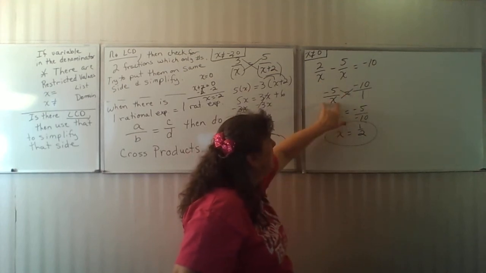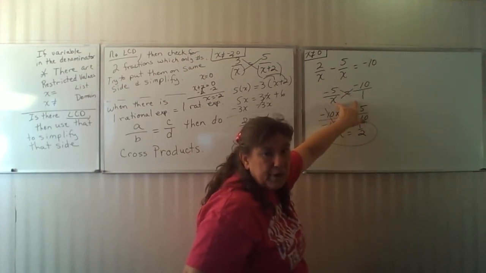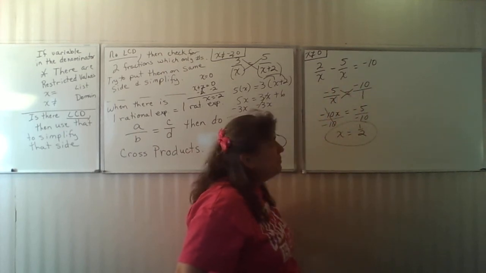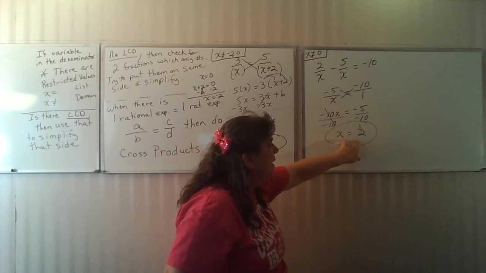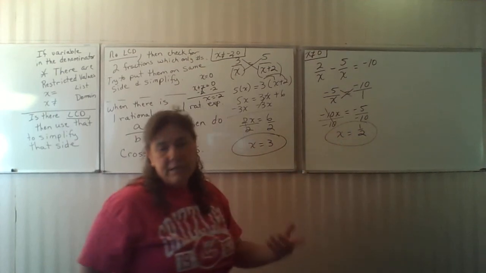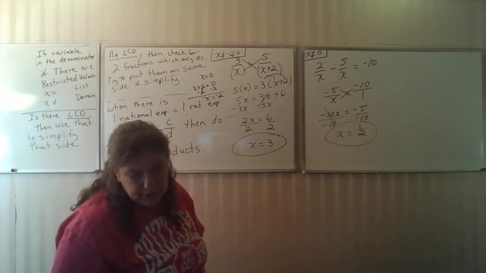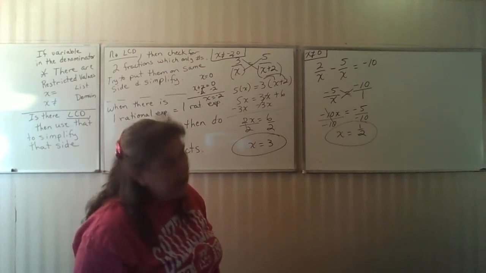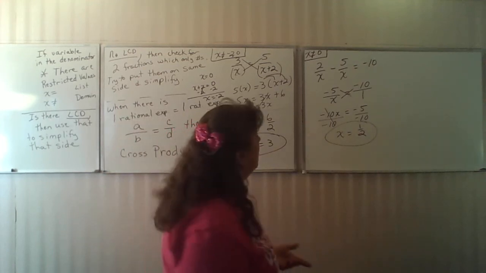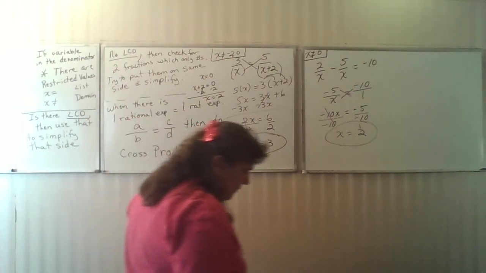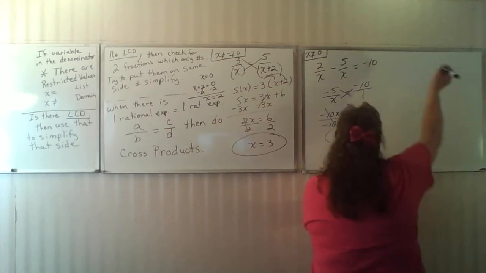I could combine it, get to my ratio or a fraction equal to another fraction, and then I can do my solution with my cross products. The last one I want you to look at for this particular type, then I'm going to do one that is all letters, okay? And that is one where I have something that I have a fraction added to.